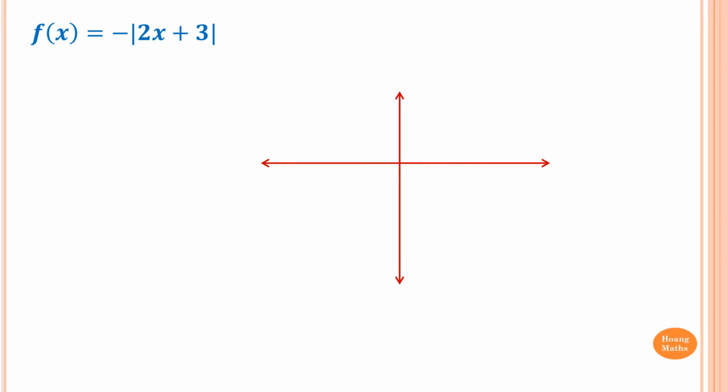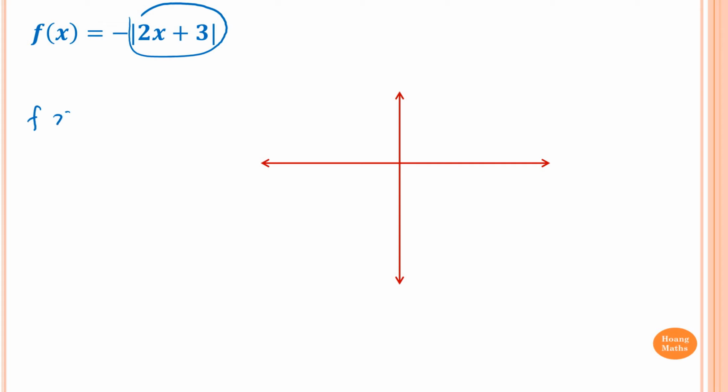Please stop the video and do this one yourself. Because of the negative in front of the absolute value, the graph is always below 0 in this case. So all we need to do is get this graph first, and then flip it upside down.